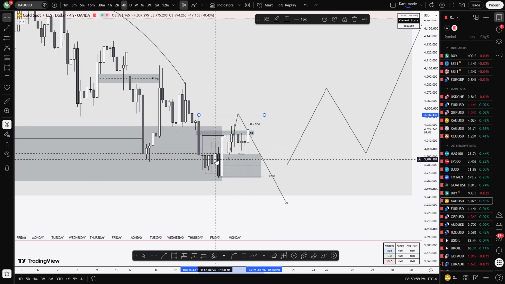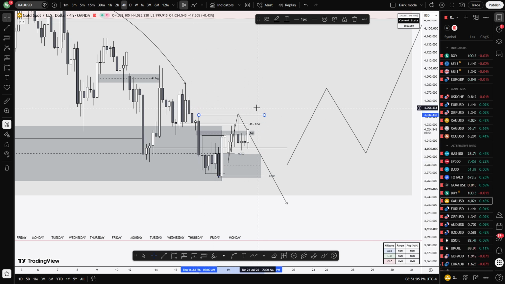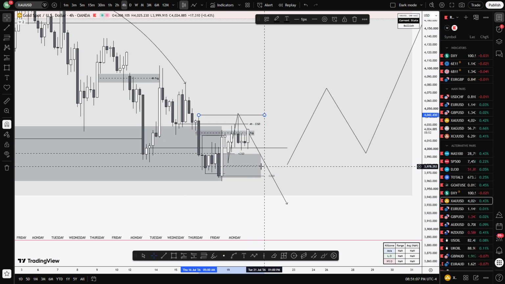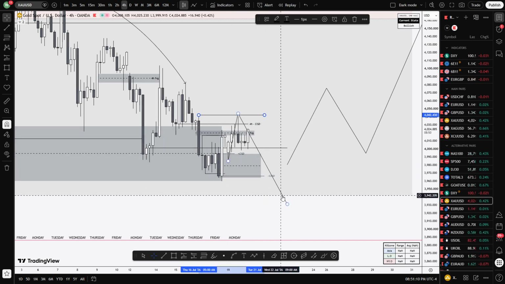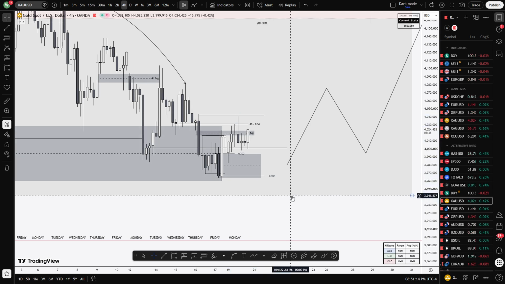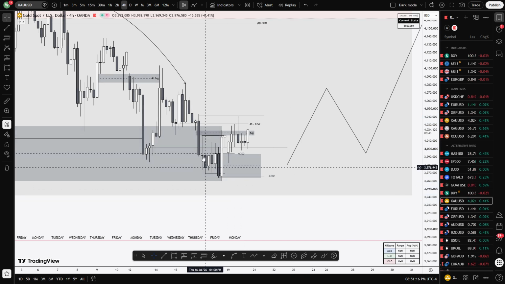Now we have this fair value gap, but we need to see price trade above this and then come back and do some sort of a sweep, right?